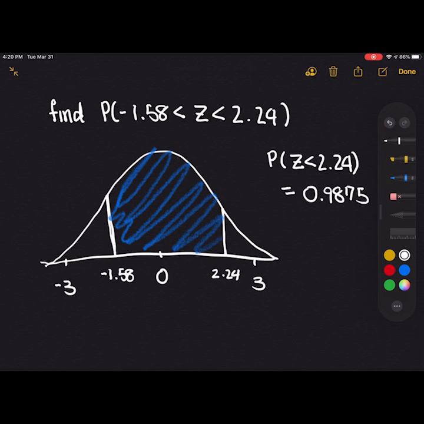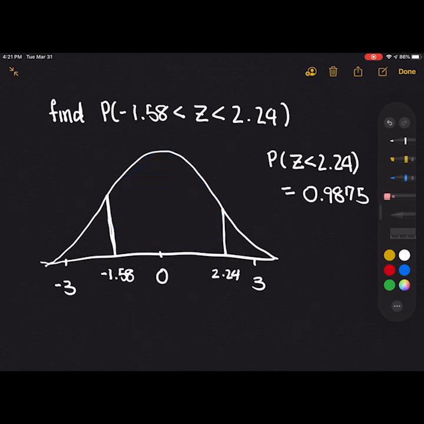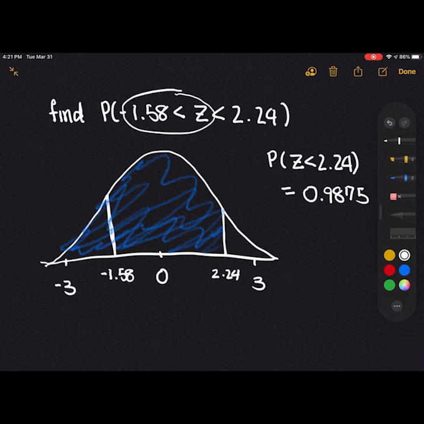Okay, so right now we're trying to find the area between the curve, and we found out that this whole thing right here is 0.9875. Now, a lot of people are going to read these between questions and think, oh, you're trying to find the probability of z is more than negative 1.58.